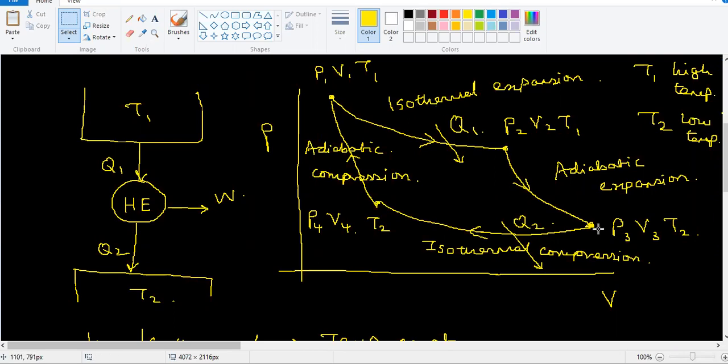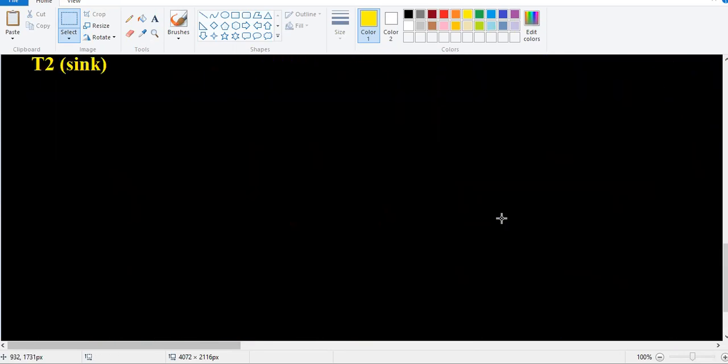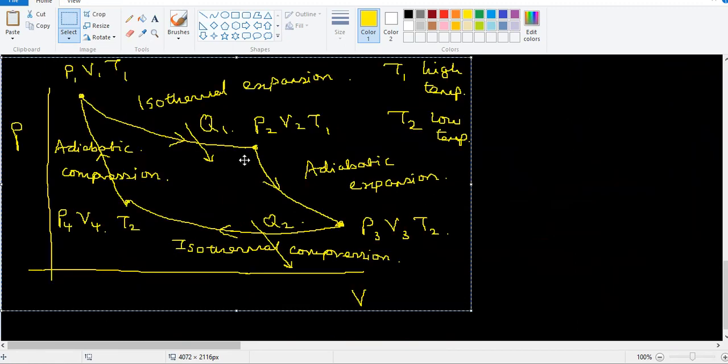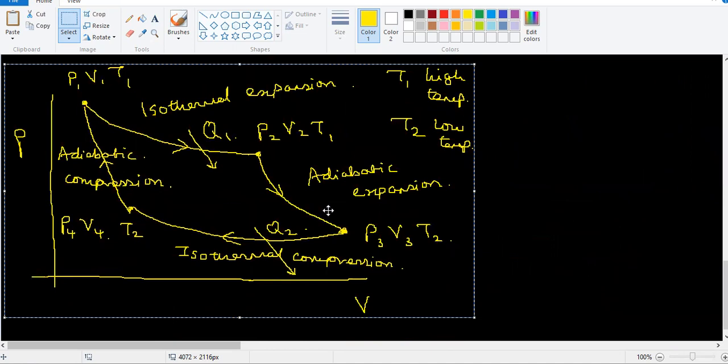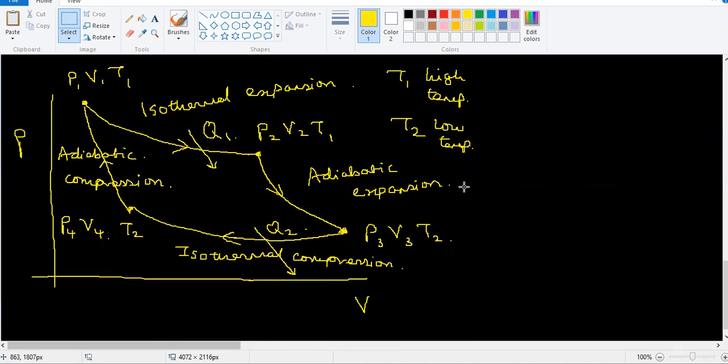As you can see, you have only isothermal and adiabatic. So the work done for the first process, 1 to 2. This is 3 and this is 4. Work done for 1 to 2, you know that it is isothermal expansion.